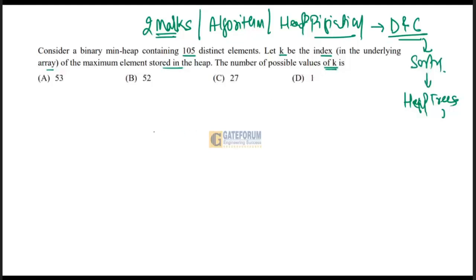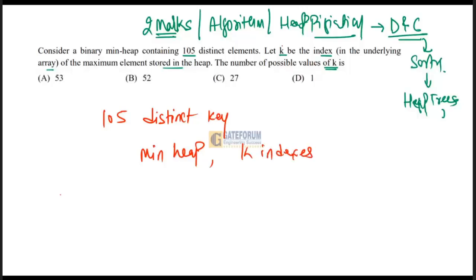So if you can see here, as per the question, we have 105 distinct keys, or distinct elements, right? Now a min heap is given, and there are K indexes, which is given in the question itself, right?